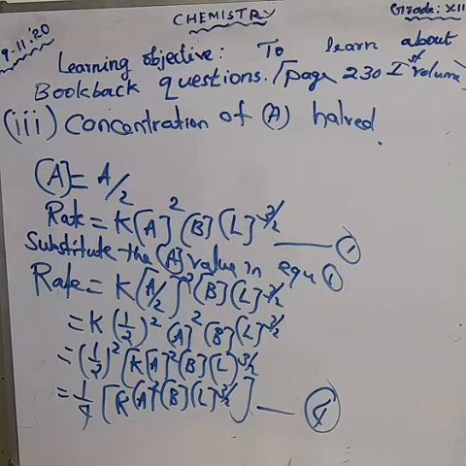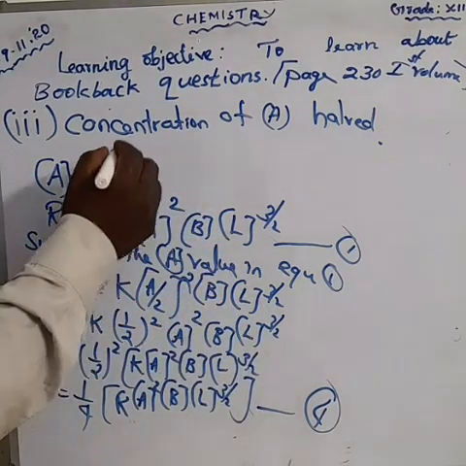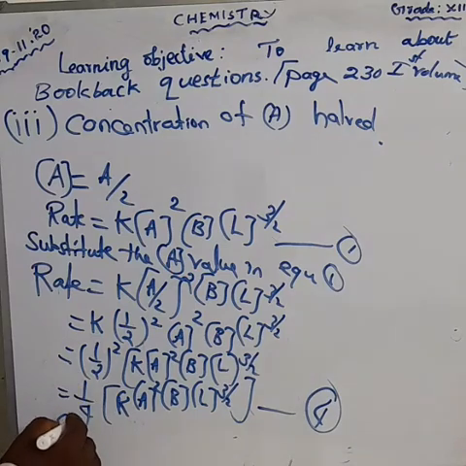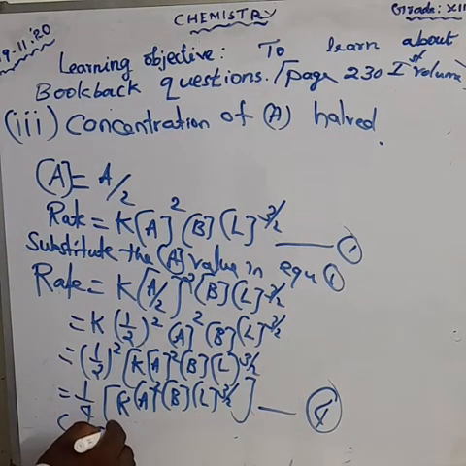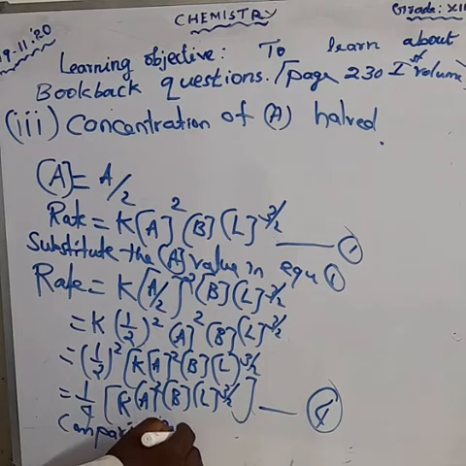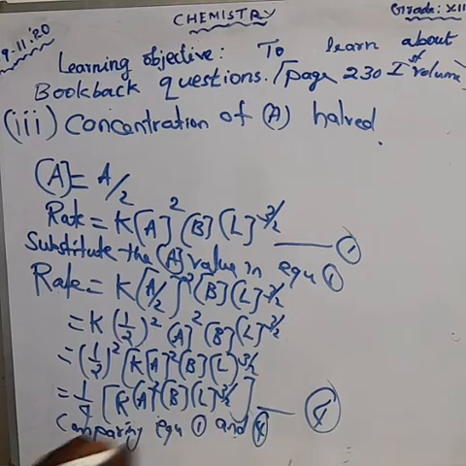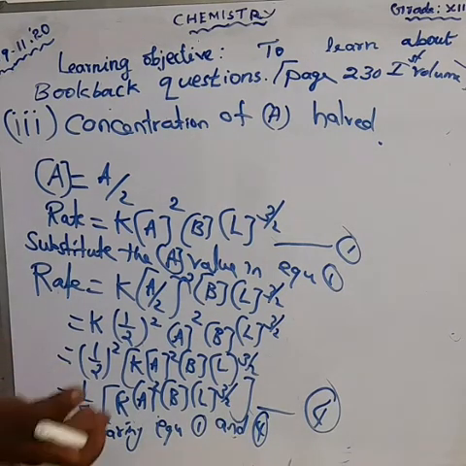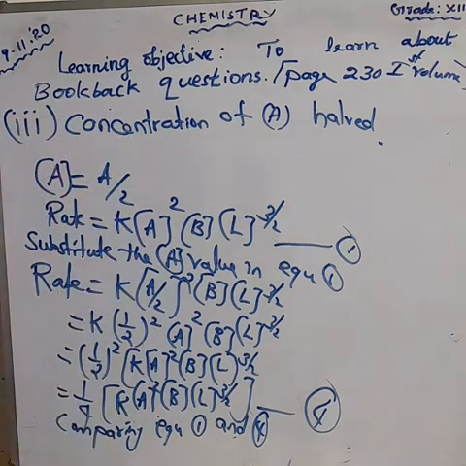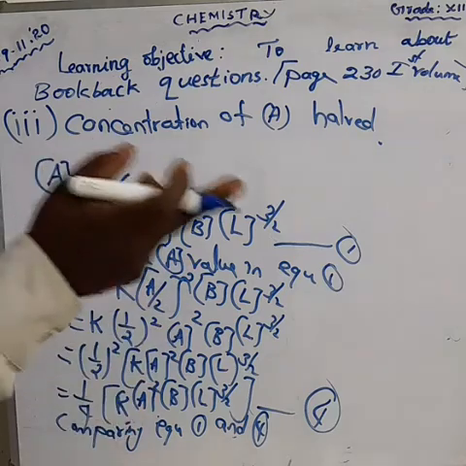What is about the fourth one? When we are comparing equation 1 and 4. Comparing equation 1 and equation number 4. So what is the difference about equation number 1 and 4? Here the rate is reduced, not increased.